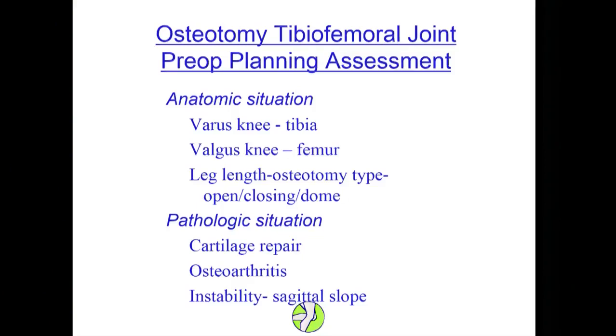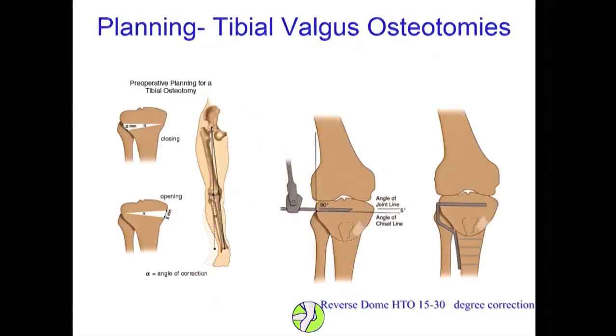The pathological situation: are we looking at cartilage repair with a relatively well-preserved joint? Are we looking at osteoarthritis with bone-on-bone changes? And is there instability secondary to the sagittal slope of the tibia? PCL instability can be enhanced by increasing the sagittal slope, and ACL instability can be enhanced by decreasing the sagittal slope.